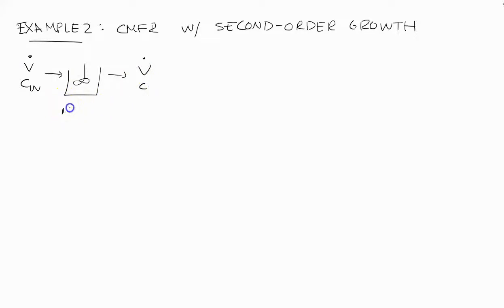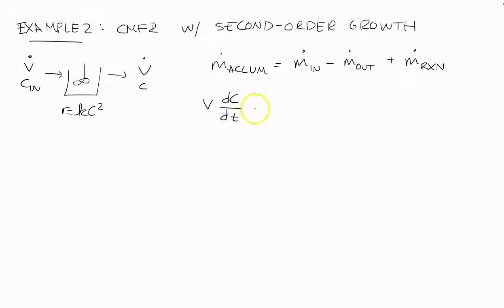I have some concentration C in entering my reactor, C is exiting, and my reaction rate within my reactor is Kc squared, which is second order growth. I'll write my mass balance equation here. Because I have growth, my reaction term is positive. V is the volume of the reactor, and I'm looking at how the concentration within it changes with time. I've got my in and out terms, and then my reaction term is going to be plus Kc squared.